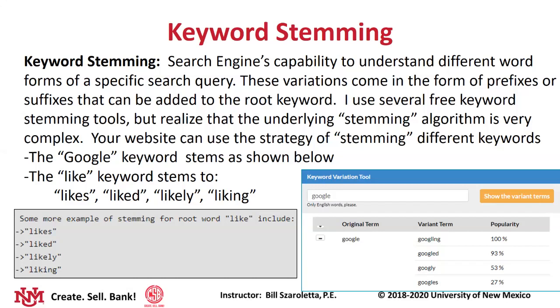So the Google keyword stems to Googling, Googled, Googly, and Googles. Now, 3 out of the 4 of those seem pretty straightforward. Googly, I'm not sure is a reasonable stem, but that's what comes out when you use one of the tools.